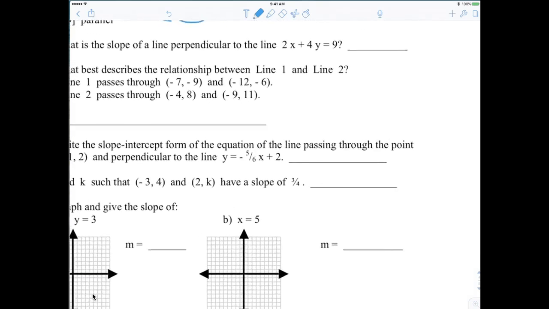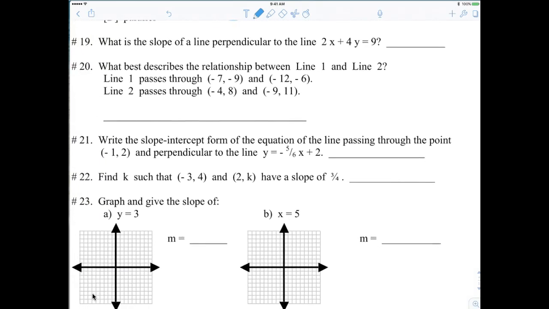All right. So again, the relationship just has to do with the lines being parallel or perpendicular or neither. You with me? So we would try the slope, right? Exactly. So this would be -6 plus 9 over -12 plus 7, right?